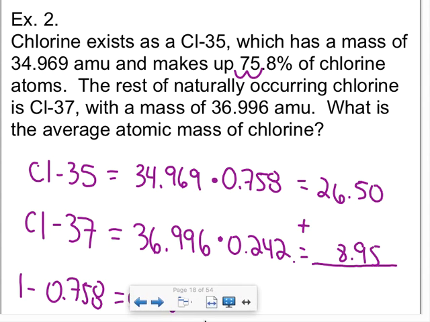For the top I got 26.5 roughly, and for the bottom 8.95.